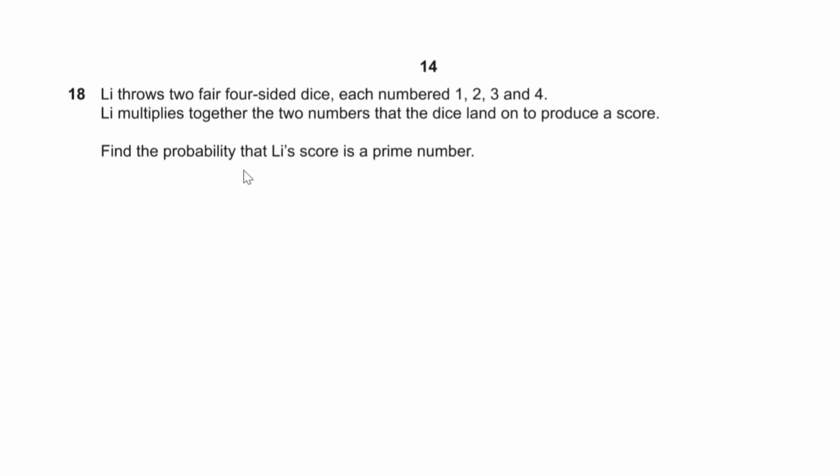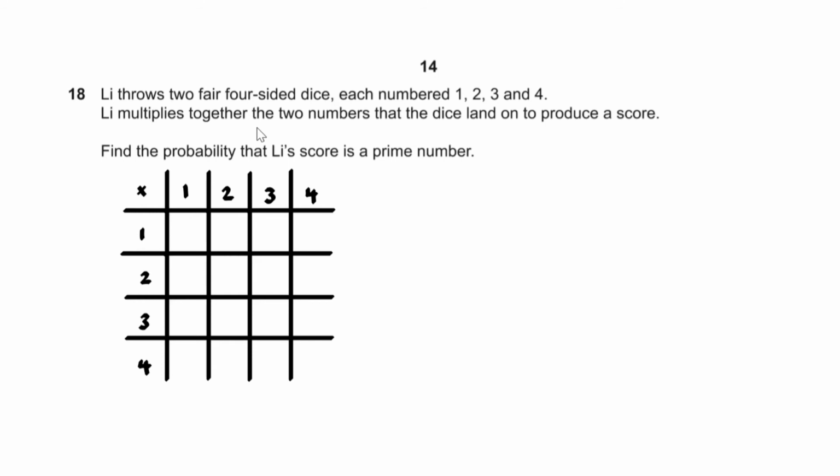Question number 18. Lee throws two fair four-sided dice, each numbered 1, 2, 3, and 4. He multiplies together the two numbers that the dice land on to produce a score. We have to find the probability that Lee's score is a prime number.